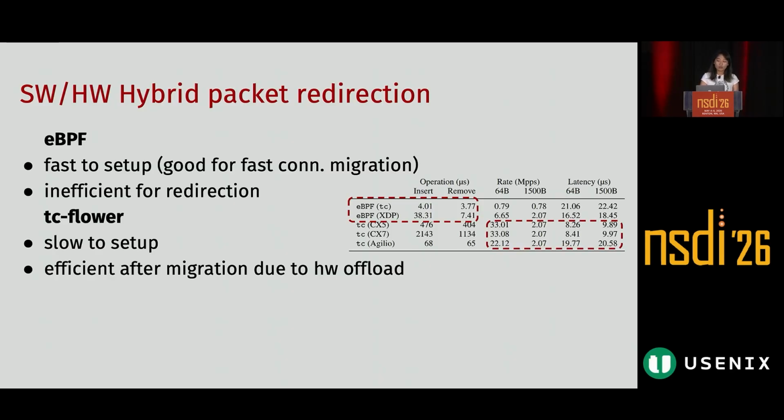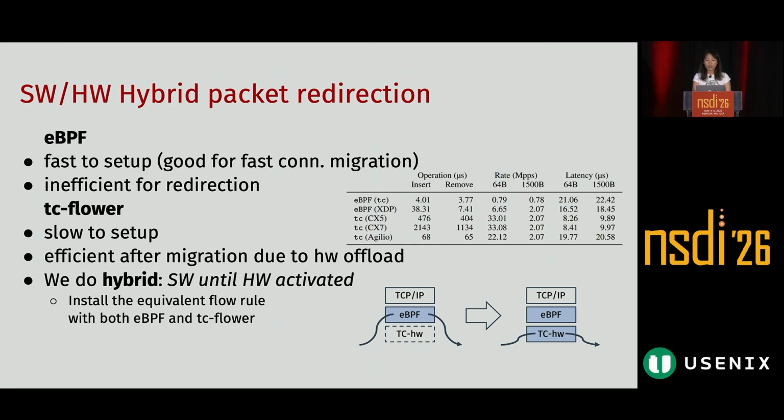However, packet redirection rate with eBPF is not that good because this happens all within software, and unfortunately it consumes some CPU cycles. Second, we have the choice of using TC Flower, and we can use TC Flower with the NIC offload feature. But this takes time to install a rule because it involves hardware reconfiguration.